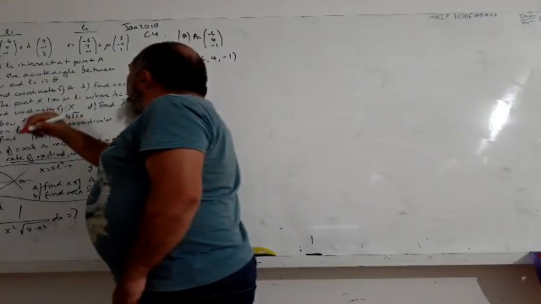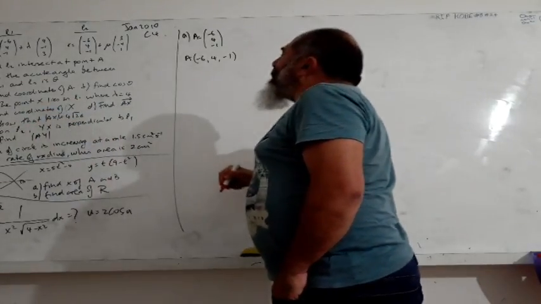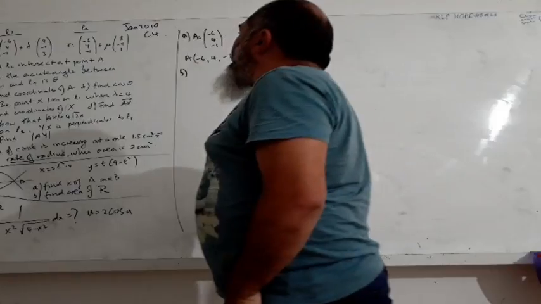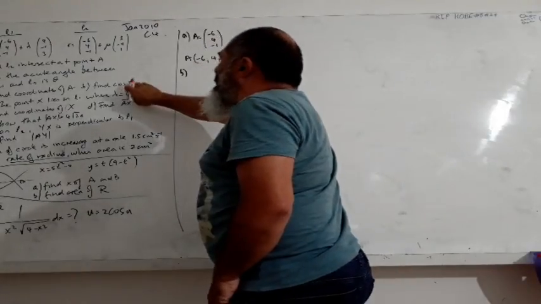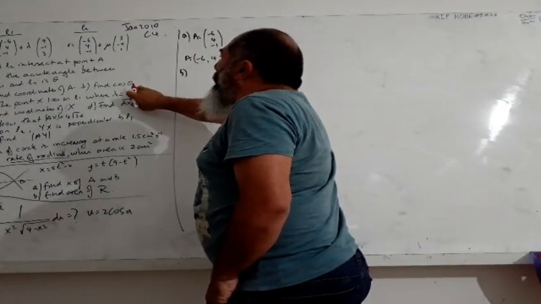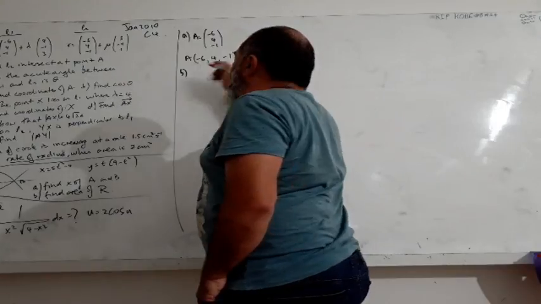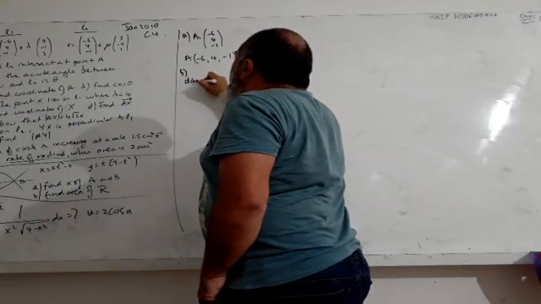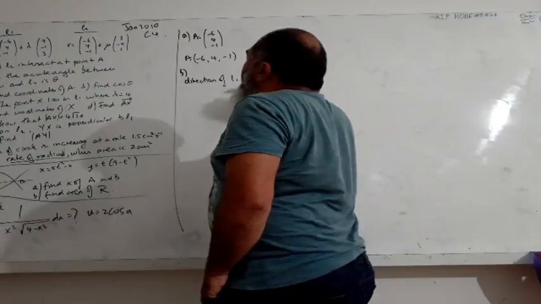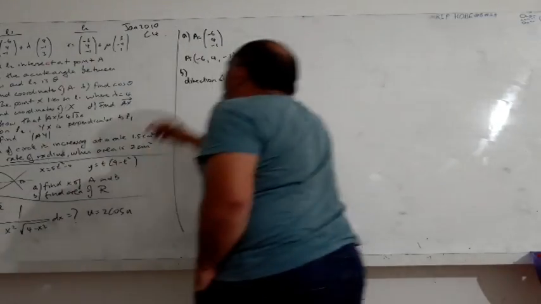Find cosine theta. When the question is about angles, we have to take their direction. The direction of L1 is that one, call it U: 4, minus 1, 3.